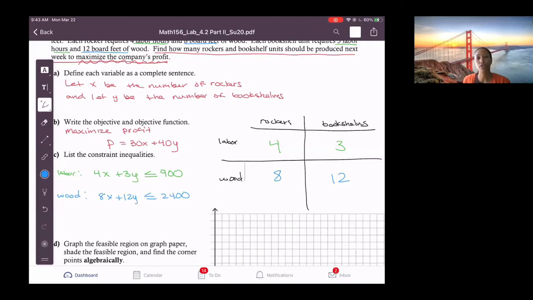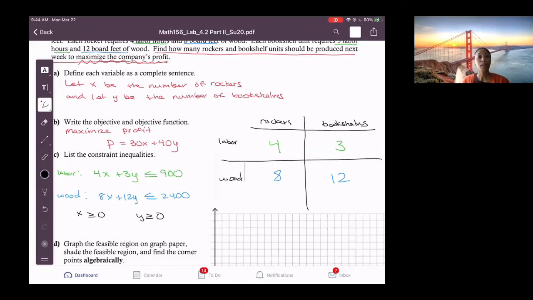We only have 2,400 board feet of wood to make these 2 items, so we can't use more than that. We can use less than that though. And of course, we always know that in these problems, X and Y have to be greater than or equal to 0 because we can't make a negative number of rockers and bookshelves.